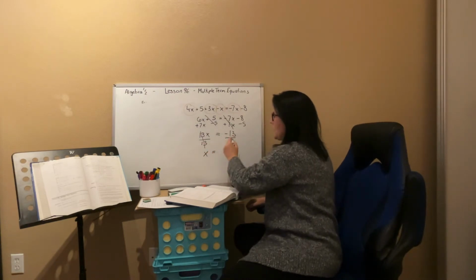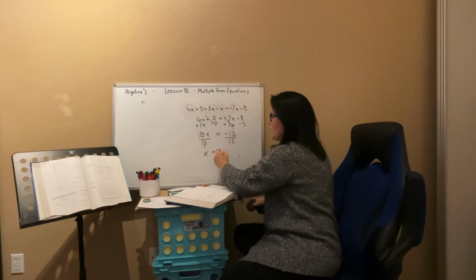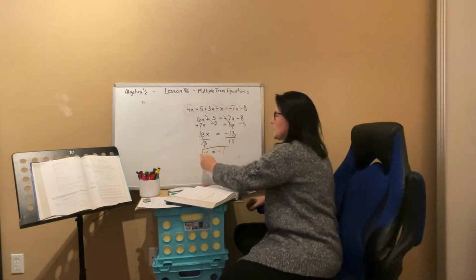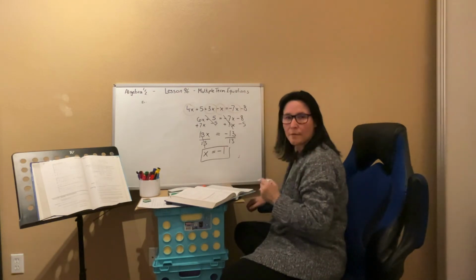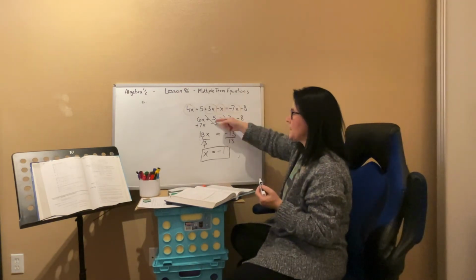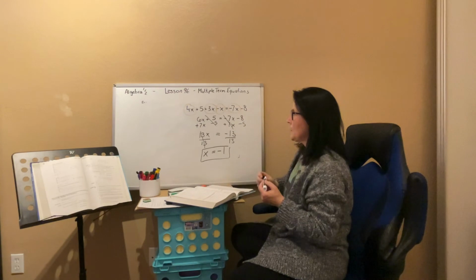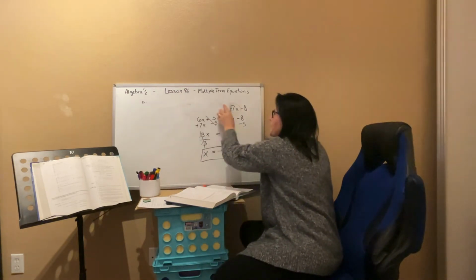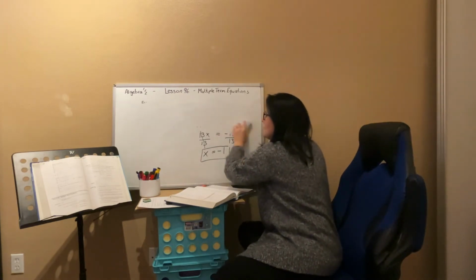And on this side, 13 over 13, we have a negative up front, and 13 over 13 makes it 1. So x equals negative 1. And that's how we solved it, step by step by step. So you want to write out your steps. So let's do the last problem that it gives us.